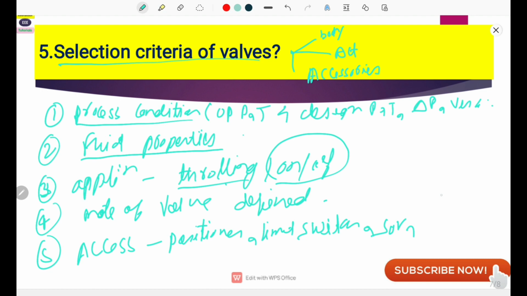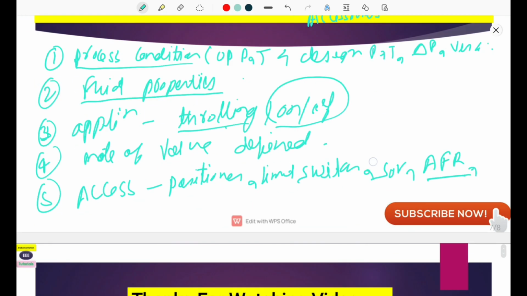And for throttling and on-off valve, there is one common accessory which is called AFR, air filter regulator, which regulates the air and also removes the dust from the air. So AFR is also required. So these are some parameters which are generally used for selection of the valves.